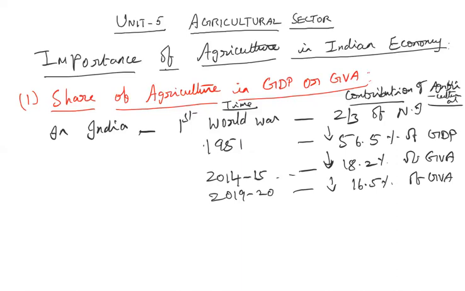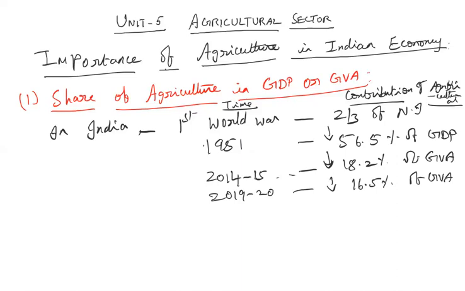It is not that agriculture alone is declining. The percentage share is decreasing because you are talking in relative terms. Relatively, the contribution made by the other sectors has increased. That's why percentage wise, the contribution made by the agriculture sector to the GVA has decreased.